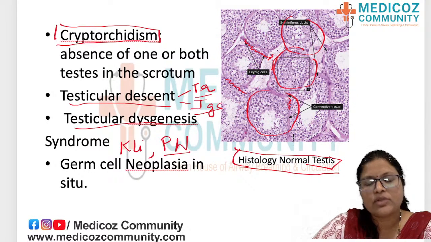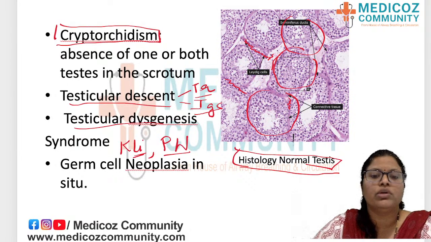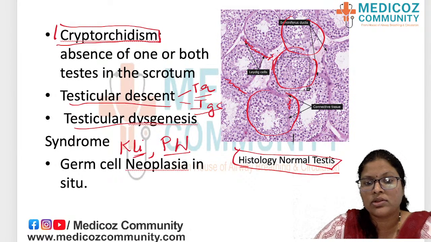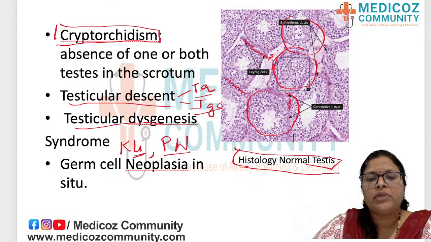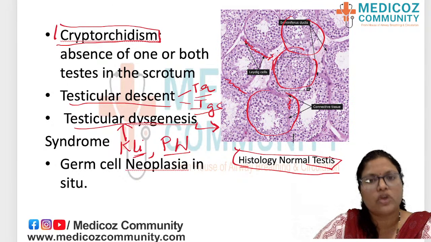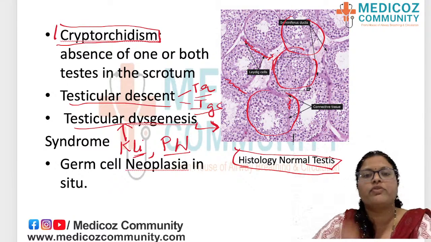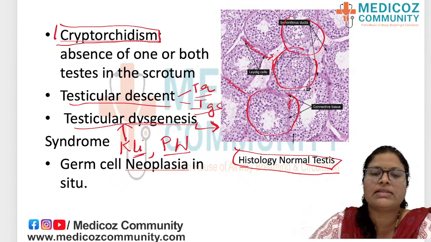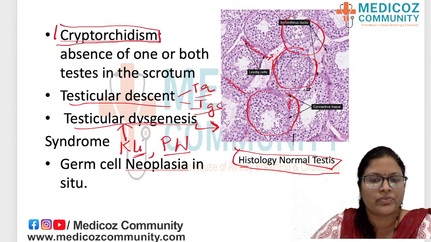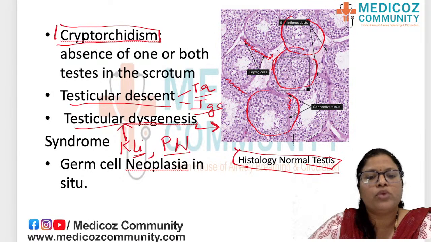All these syndromes we'll talk about in detail when we do the particular subject, but remember that these syndromes are associated with testicular dysgenesis, and even here, if a biopsy is done, you see this. Some of these chromosomal anomaly syndromes are associated with testicular dysgenesis and you have a similar picture.